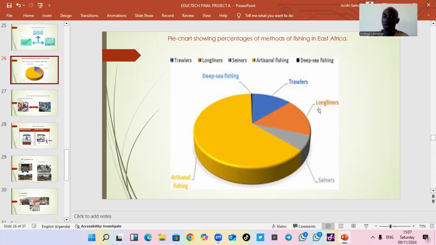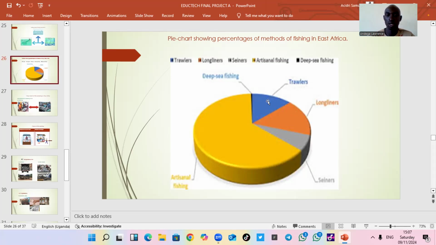Another one can be long liners, which you saw in the picture displayed by me, where members line up and they catch with the nets, and they try to eliminate the pathways for fish. And in due course, when the fish reach there, they get attracted. So long liners are used second, but these ones are actually modern methods of fishing.